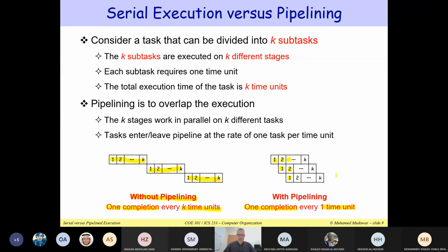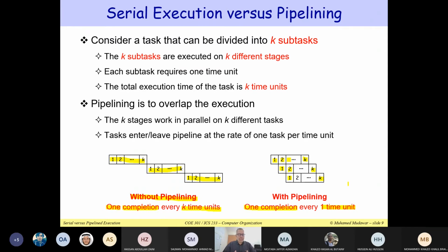After finishing the first task, it takes only 1 time unit to finish the second task, and 1 time unit to finish the next task, and so on. So you have one completion every 1 time unit, and this is how we can improve the performance. The idea of pipelining is to improve performance.